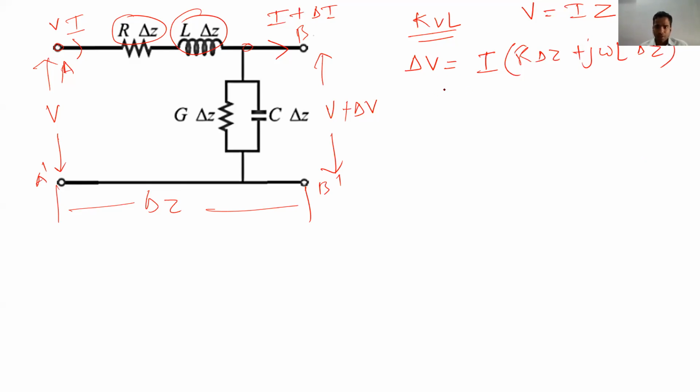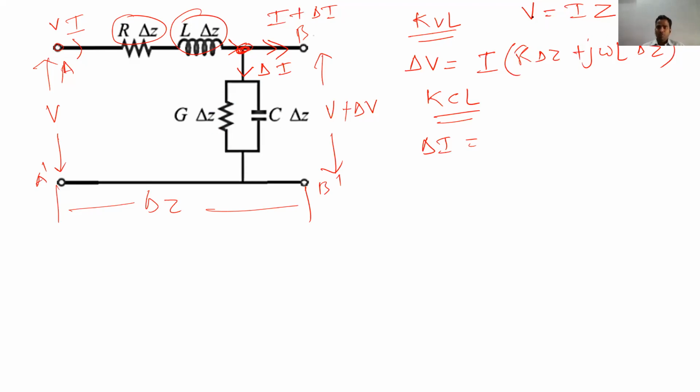Okay, tell me, when I apply KCL, what will I get? At this node, the current here is I, and the current here is changing. So if delta I current goes here, what will be delta I?